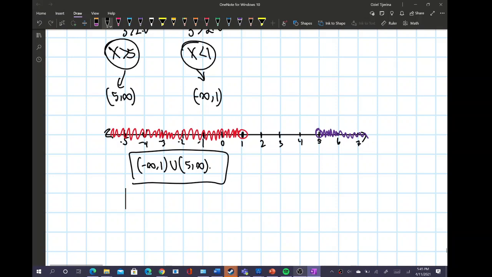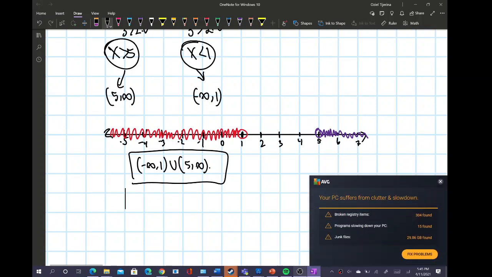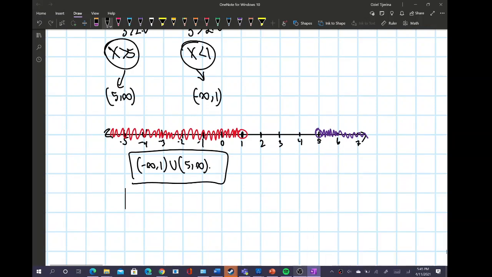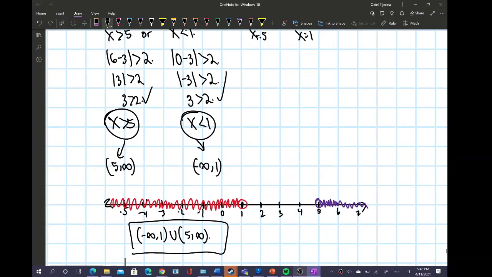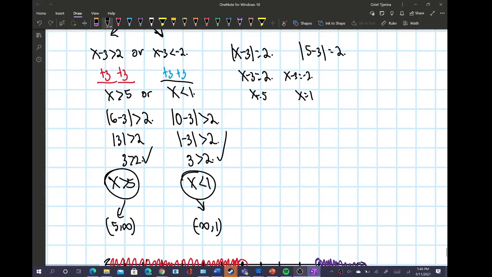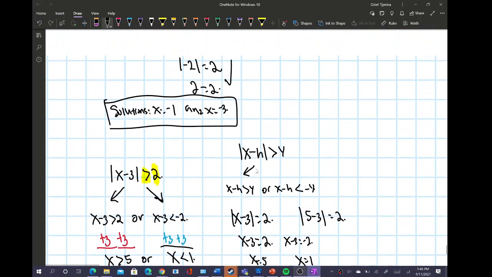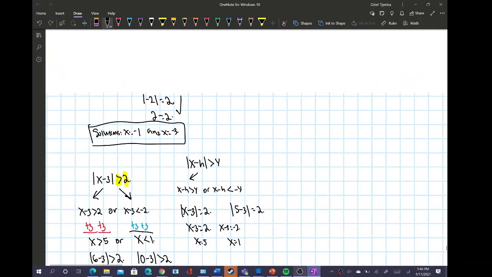I think the professor will be just fine with you saying, oh, x is less than 1, x is greater than 5, and then you just go ahead and, what is it called? Graph it. Sorry guys, I'm really slow. But yeah, basically this is how you would do it.